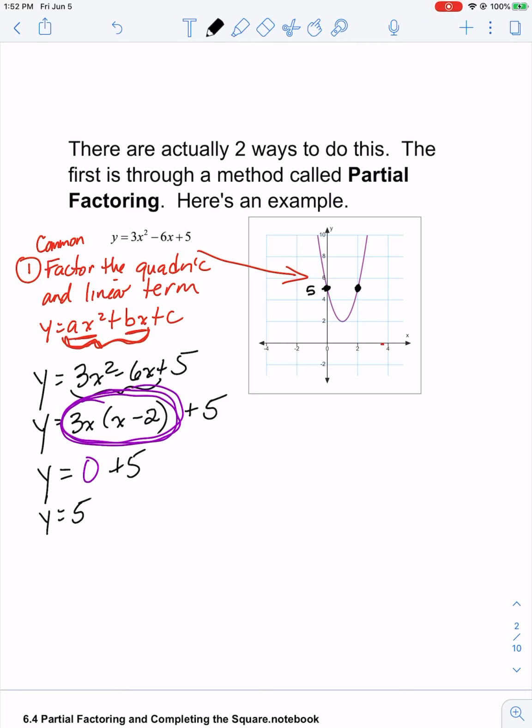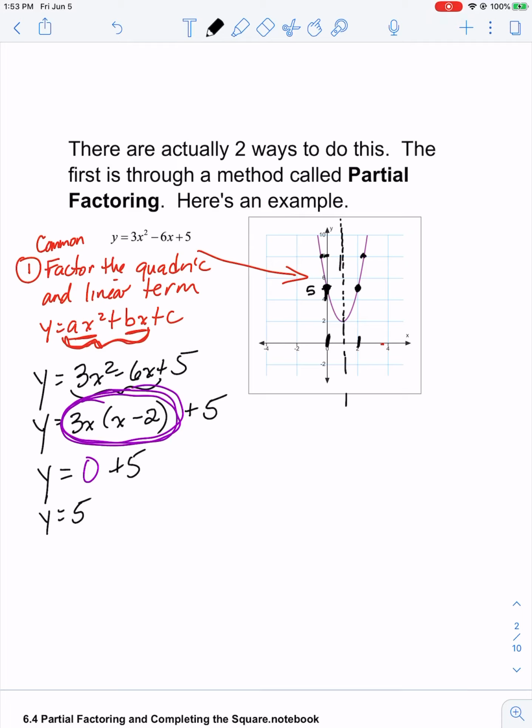And because of the symmetric nature of a parabola, the axis of symmetry is going to be directly in between those two x values, between this one and this one. For any point on the parabola, let's say when y equals 8, that's here and that's here.